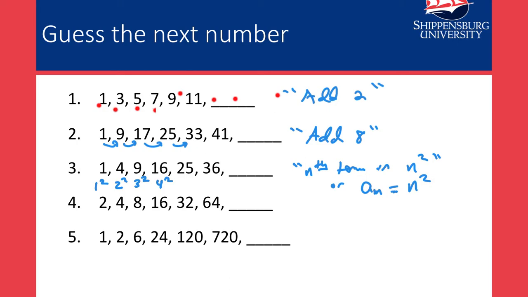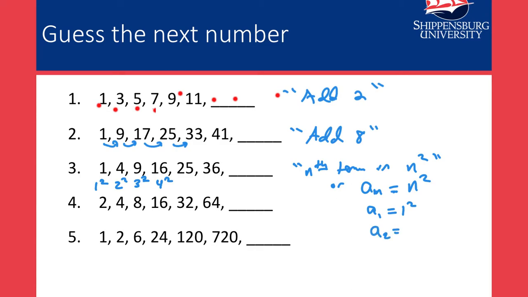Now in this notation, the letter a here is the name of the sequence, so that's not a variable. I know it's a letter, but it's not a variable. We will never plug in a number for a, but the letter n is the variable, and for n we want to plug in the numbers that represent the positions of the sequence. So when I say a1 is 1 squared, that's shorthand for saying the first term is 1 squared.